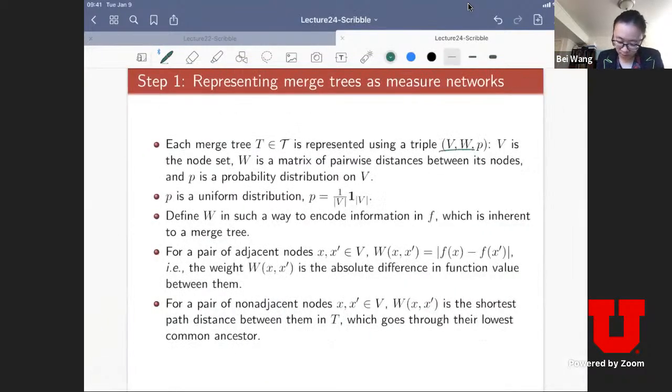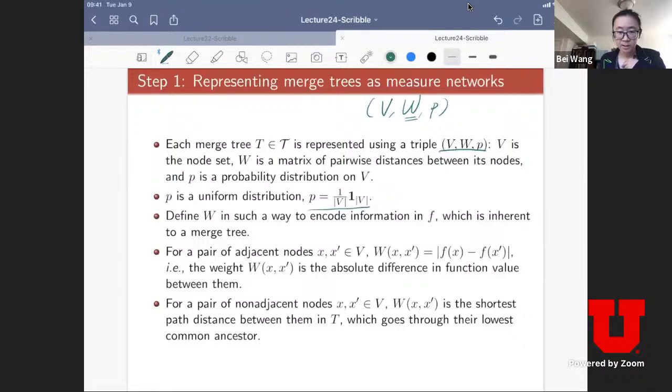So every single tree or graph is represented by 3 things. V is a node set, W is a weight matrix, and P is a probability on the nodes. As I mentioned before, the probability is just 1 over the size of the graph or the tree. The weight can be any sort of weight.